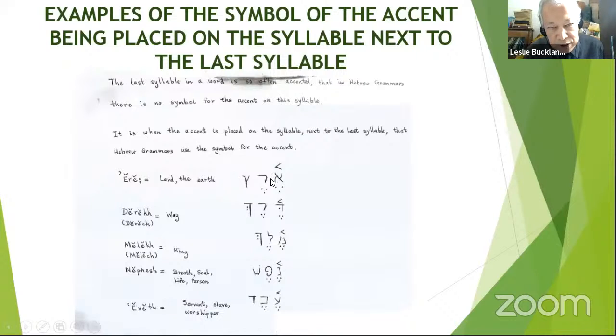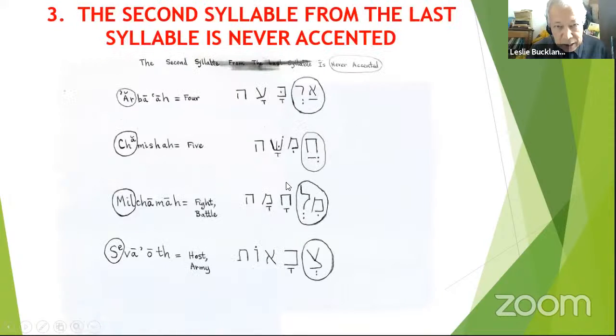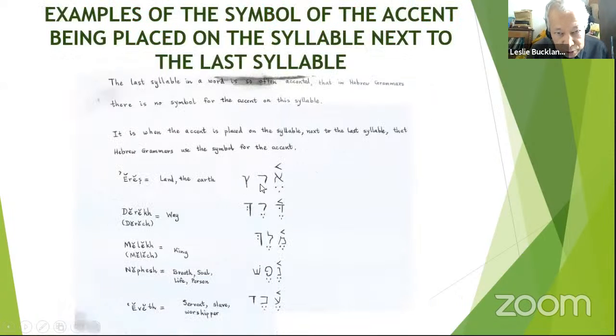It's not even 2 syllables away from the last syllable. This is the last syllable, and this is the syllable immediately before the last syllable. Saying that the first syllable should not be accented would apply over here, because these are 3-syllable words. But it wouldn't apply to 2-syllable words.